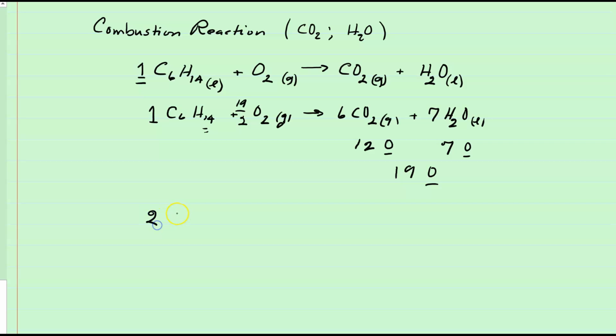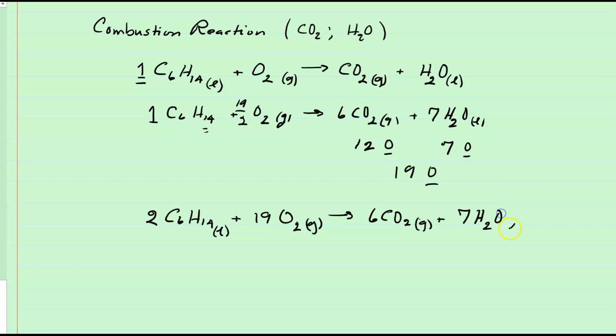So we say 2 C6H14, by the way, that's a liquid, plus 19 O2, because 19 over 2 times 2 is 19 oxygens, yields a total of 6 CO2s, it's a gas, plus 7 H2O as a liquid. And this is typical of combustion reactions.